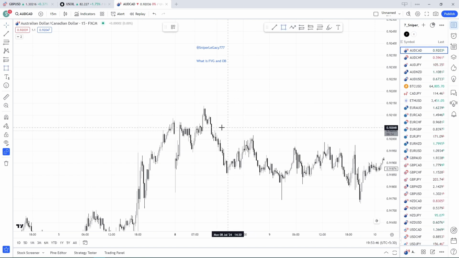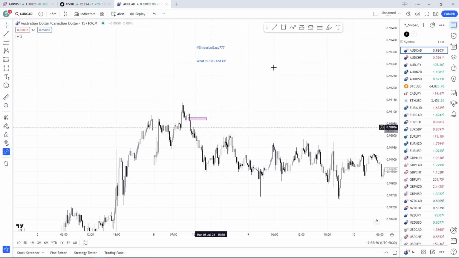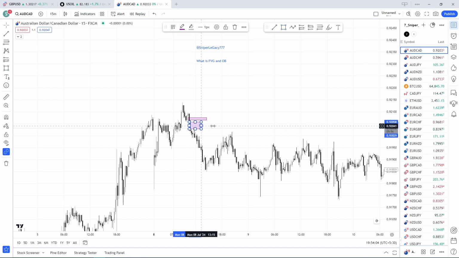I do see some FVG here. I have a first green candle, second red candle, third red candle. This can be one FVG, and in the same consecutive candles, we have first red, second red, and third red candle. So this can also be a potential FVG.